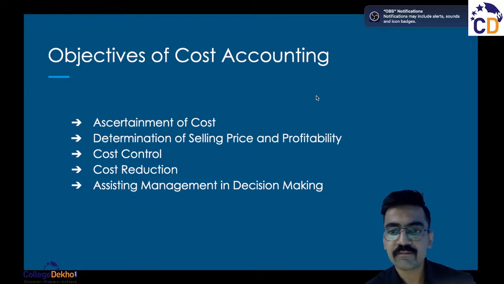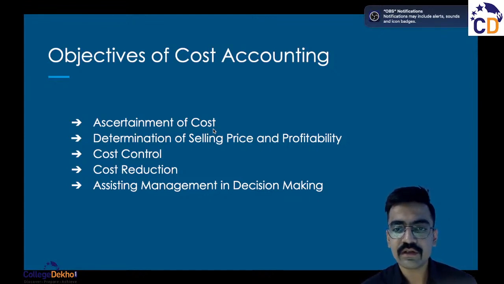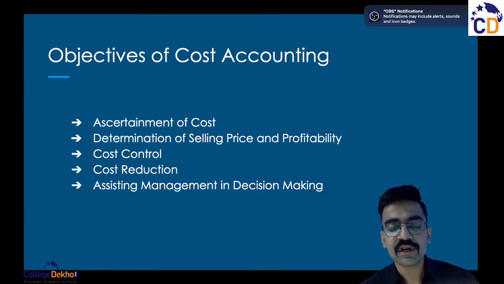Now let us look at the second one, which is the determination of selling price and profitability. Now how does cost accounting help in the determination of selling price? It helps in a way that now that the cost has been ascertained for a business, right, now that we know the cost that a company incurs to manufacture a certain type of product, now that we know the cost of arriving at the final service of a business, right?